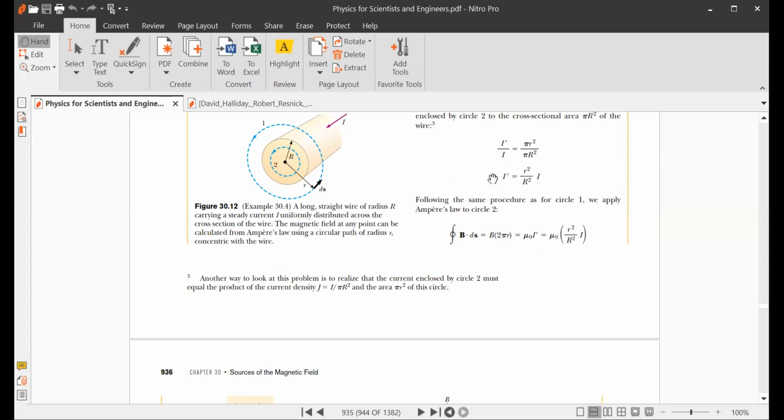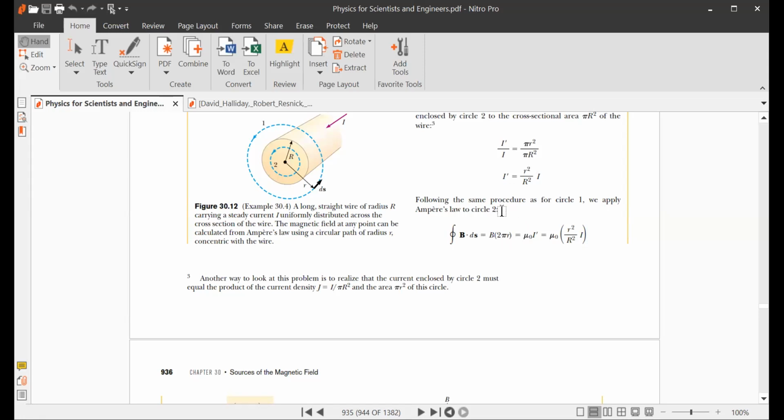So we get the relation between I prime and I, where I is the total current that flows in the wire. So this I prime here is equal to this one.